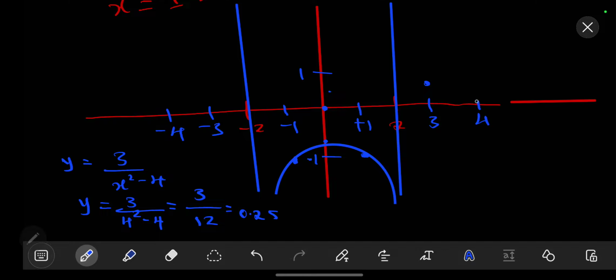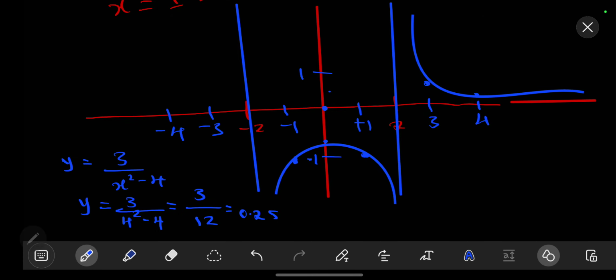This means 0.25 is here. As I go to the right, my curve begins to decrease. So it won't cross the vertical asymptote. I'll have a curve like this, like that. So it decreases as I go to the right.